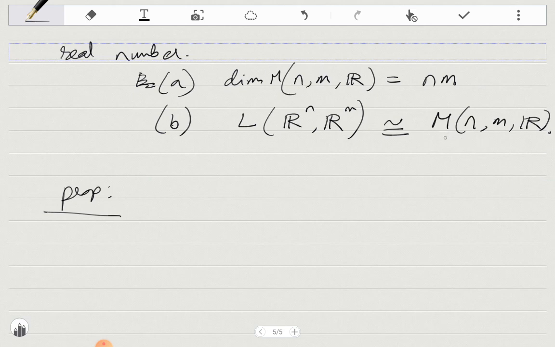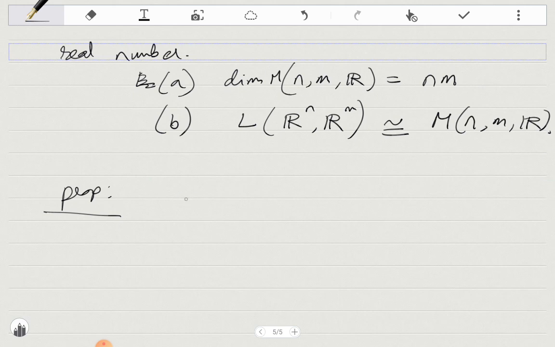So you would be in a familiar Euclidean space of large dimension, and there you have lots of norms like the Euclidean norm, the LP norm, and so on. So this proposition relates the operator norm with that.